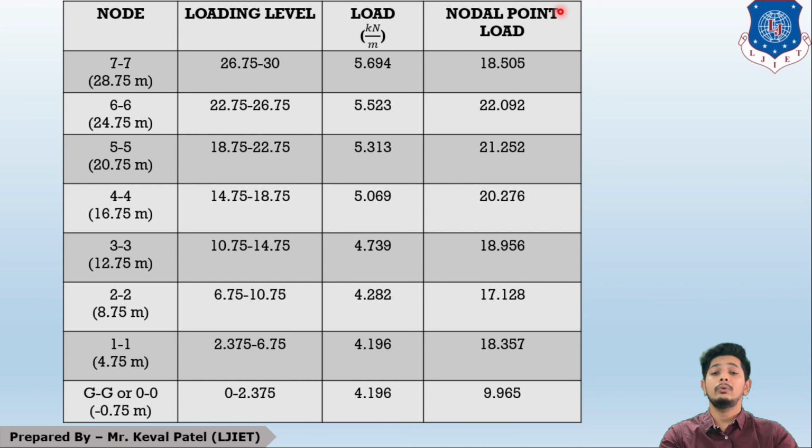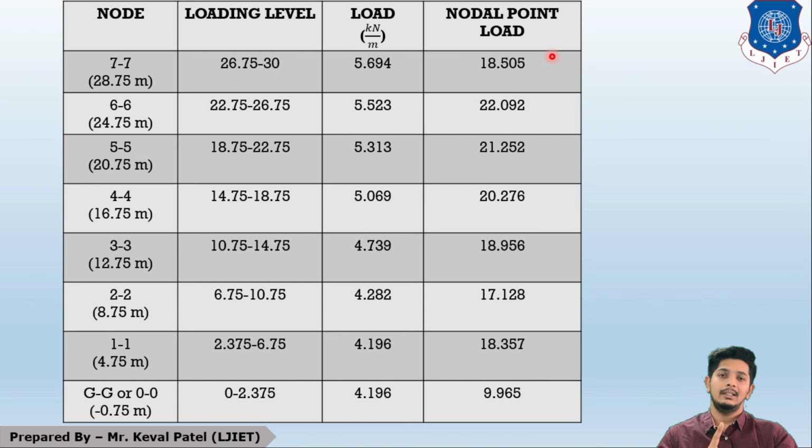Now I have to prepare the nodal point load. For nodal point load, it is very simple. I will take the loading level difference, and that difference of height will be multiplied by the load in kilonewton per meter. So nodal point load will be in kilonewton.